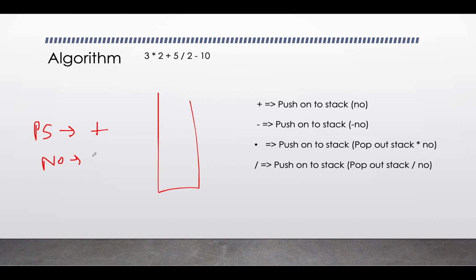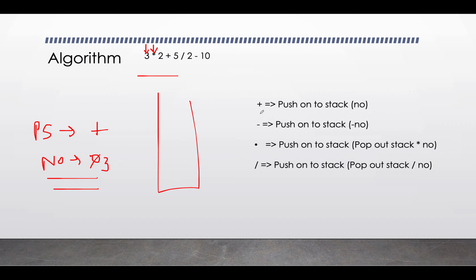So let's iterate through this string, and you see 3. You see it as a number, you form the number as 3, and you do it until you see an operator. As soon as you see an operator, you do the processing using the previous number that was stored. The number is 3 right now, and the previous sign was plus.